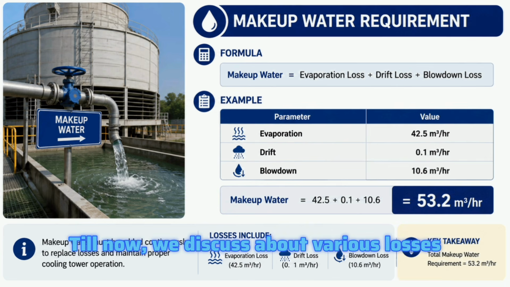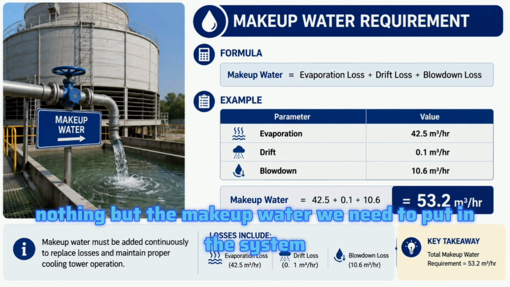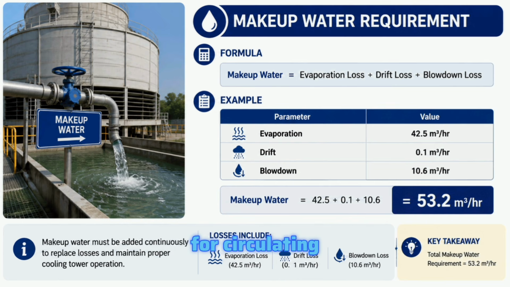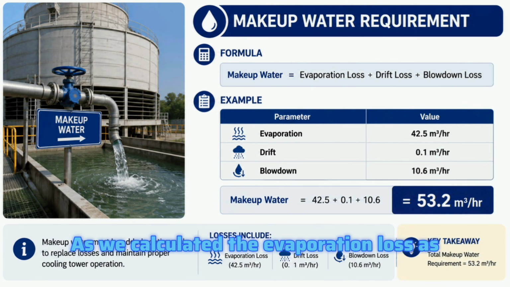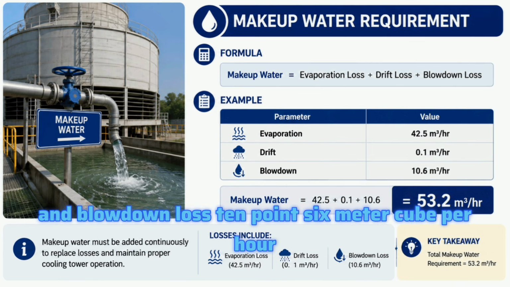Till now, we discussed various losses and calculated them. The summation of all these losses is the makeup water we need to put in the system for circulating. As we calculated, evaporation loss is 42.5 meter cube per hour, drift loss 0.1 meter cube per hour, and blowdown loss 10.6 meter cube per hour.